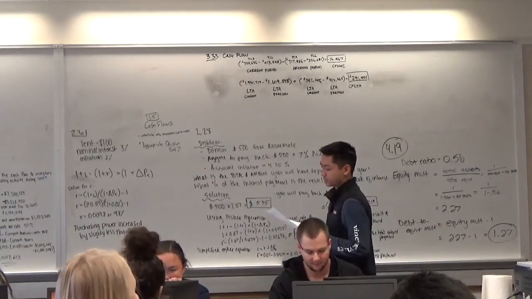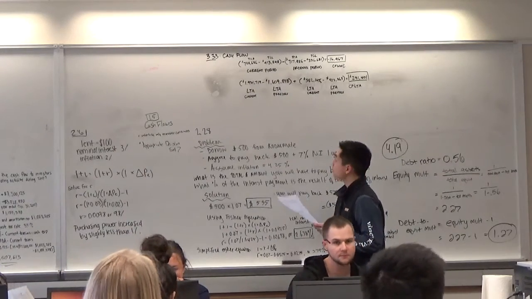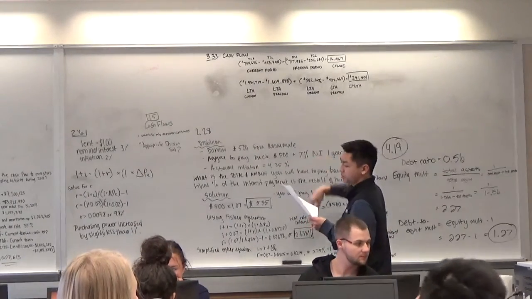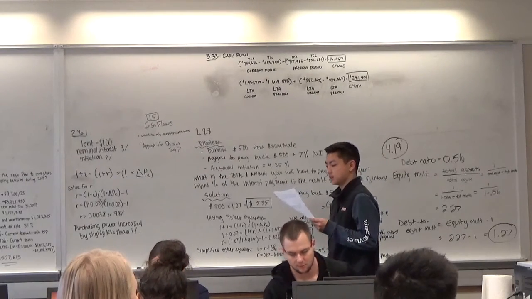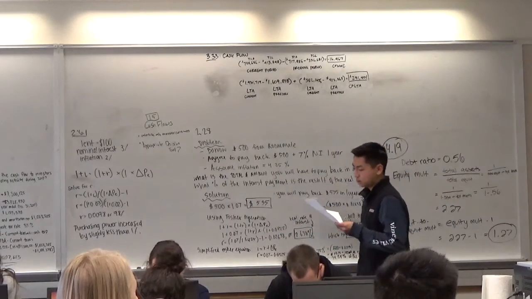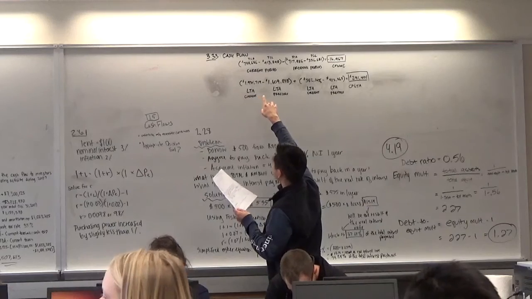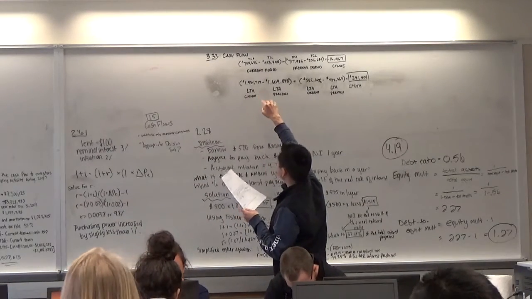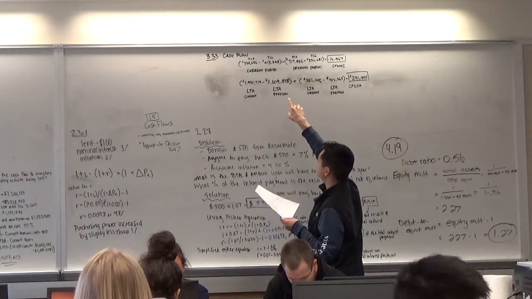flows. And for this problem, you're supposed to be computing the cash flow invested in net working capital, which is CFNWC, and also computing cash flow invested in long-term assets, which is CFLTA. So for the equation, it's going to be total current assets for the current period minus total current liabilities for the current period.